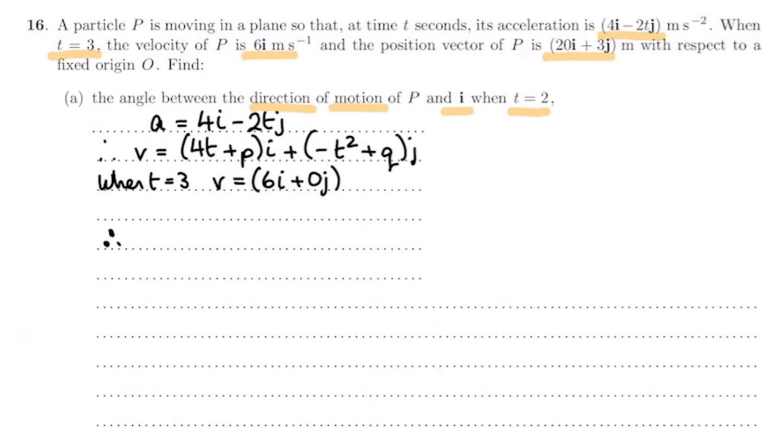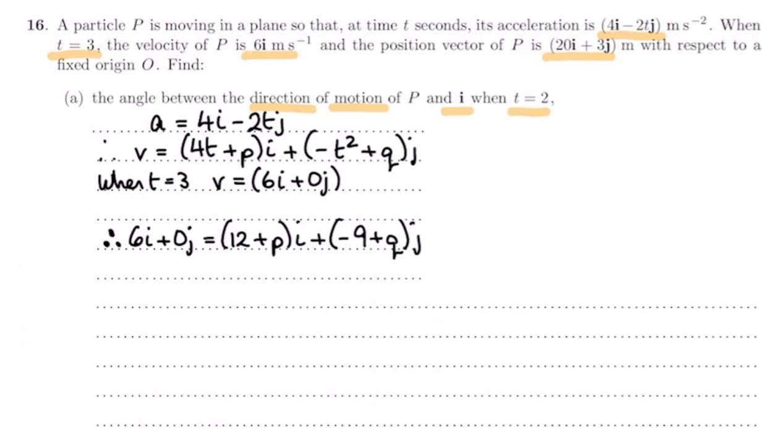So therefore 6i plus 0j equals, and I'm going to put t in. If I put t as 3 in, I get 12 plus p in the i direction, plus, and then if I put 3 in, minus 9 plus q in the j direction.